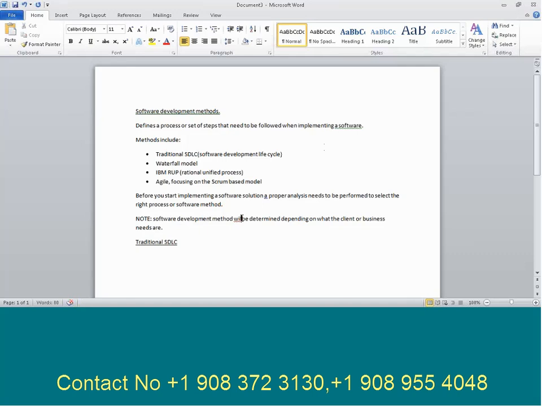To start with, the first phase is planning and analysis. Then requirements gathering.